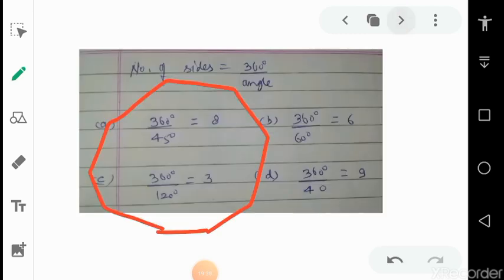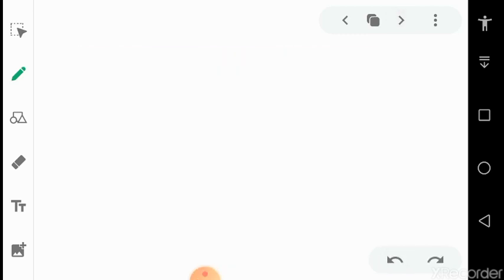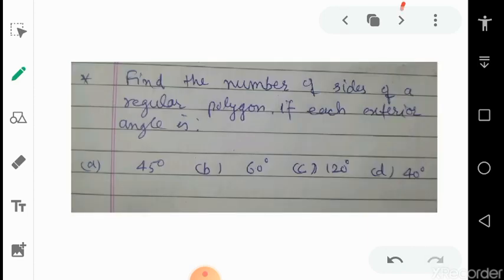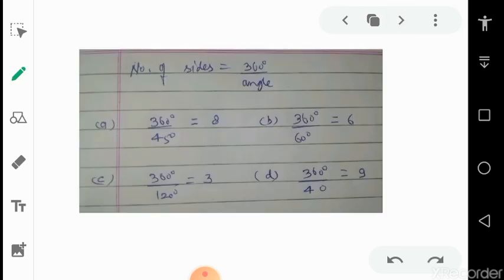Now, as you can see in this question, the values of exterior angles are given and we want to find the number of sides. So there is a very simple way. Just divide 360 degree by the given values. If you divide 360 degree by the value of exterior angle, you will get the number of sides of a polygon.